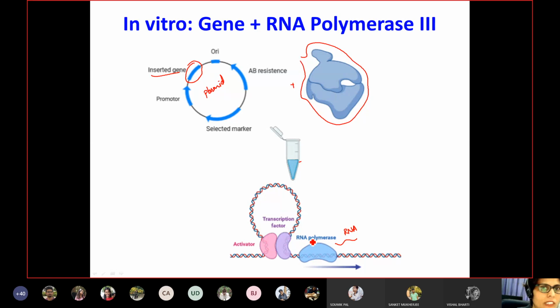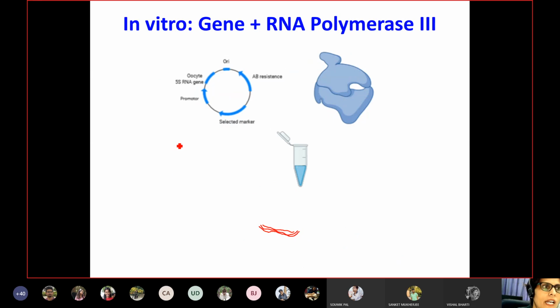So this kind of assays were performed, and it was observed that the purified RNA polymerase 3 failed to give any kind of selective accurate transcription when oocyte 5S RNA gene was incubated here. So there was transcription, but a lot of other unspecific products were also seen as I have described here. So these were unspecific.